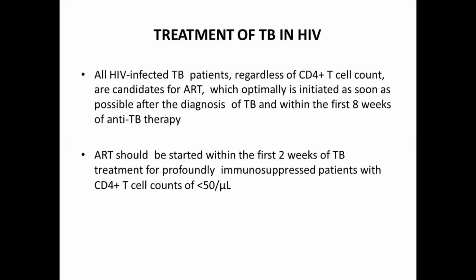That is usually started within the first 2 weeks of TB treatment. Especially in patients who have very profound immunosuppression due to HIV, that is a CD4 plus T cell count of less than 50, you should start antiretroviral therapy as early as 2 weeks.